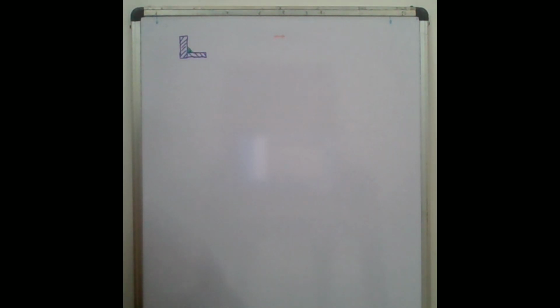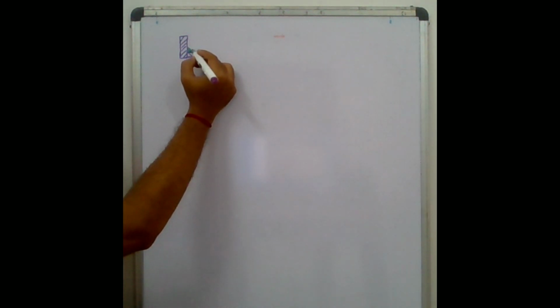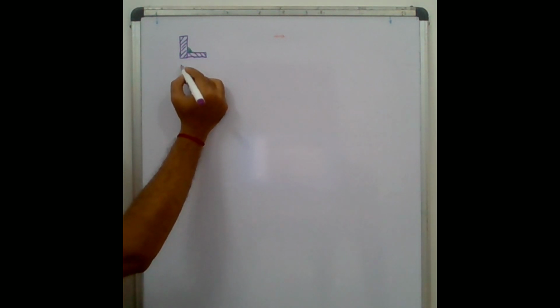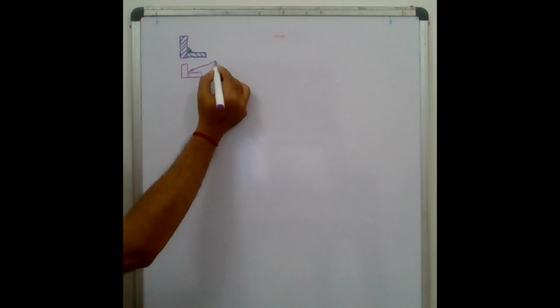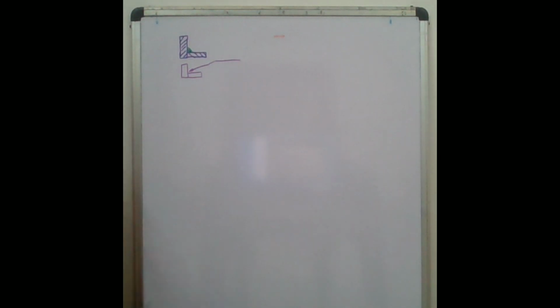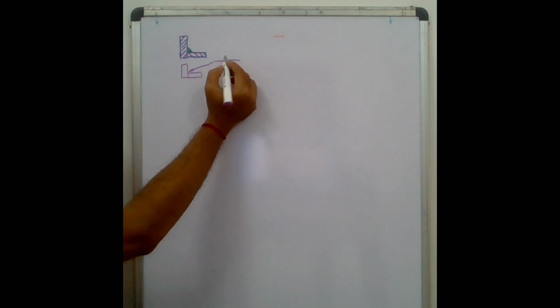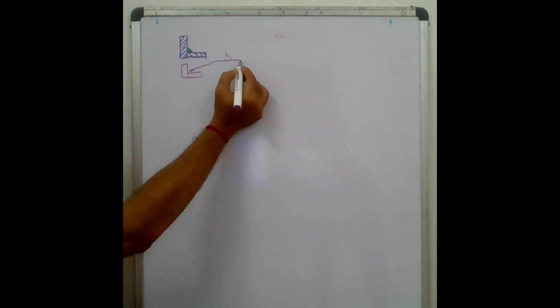So friends, to represent this welding in the drawing, we have to show an arrow here. So we have these two plates, and then we show an arrow here, and then this is the line. Here on the top of it, we show a fillet weld symbol like this.